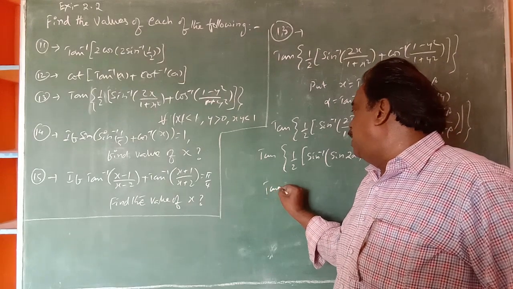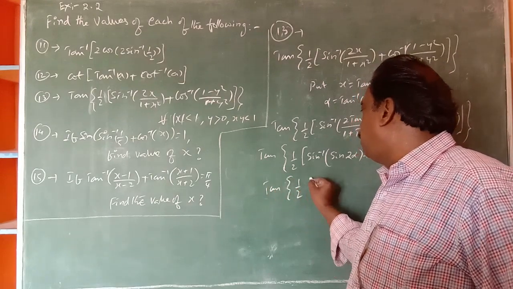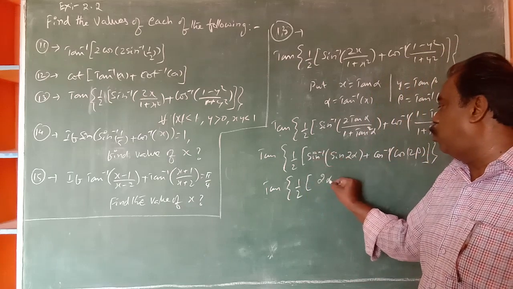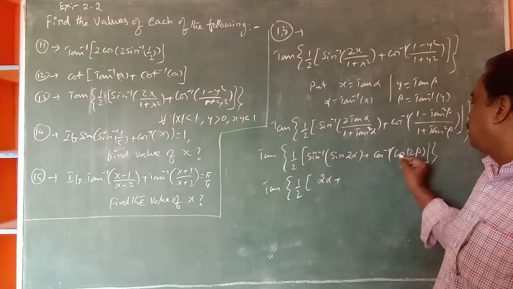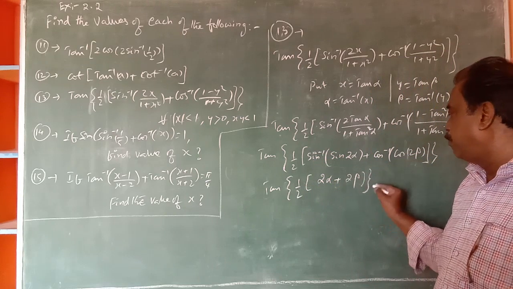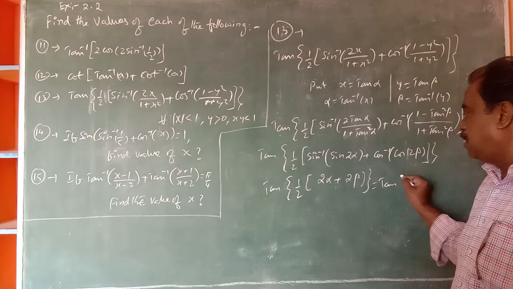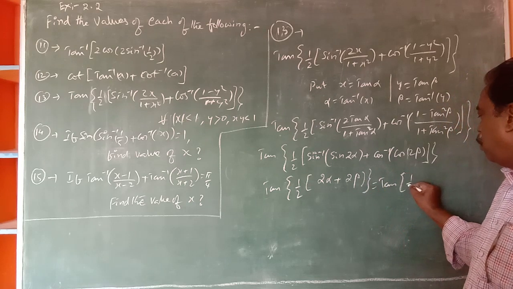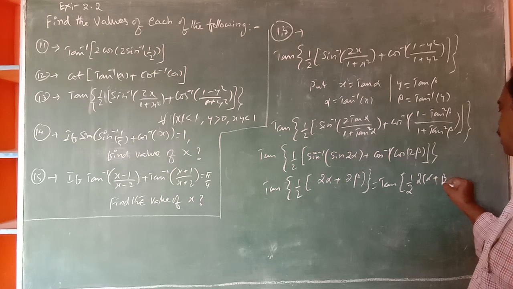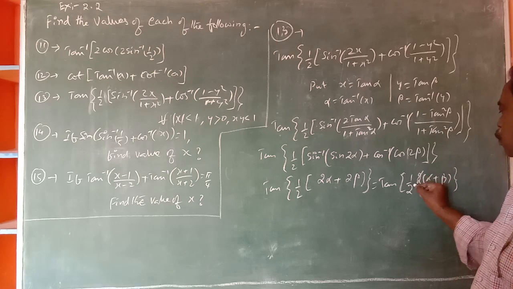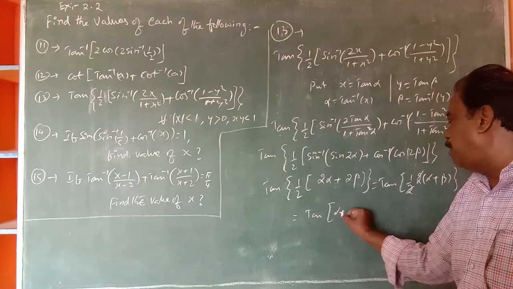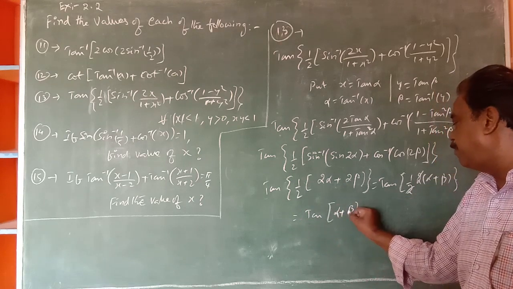Now it is tan of 1 by 2 in sine inverse cancels, we get 2 alpha, and cos cancels, we get 2 beta. Now it is tan of 1 by 2 into 2 of alpha plus beta. 2 cancels, we get tan of alpha plus beta.